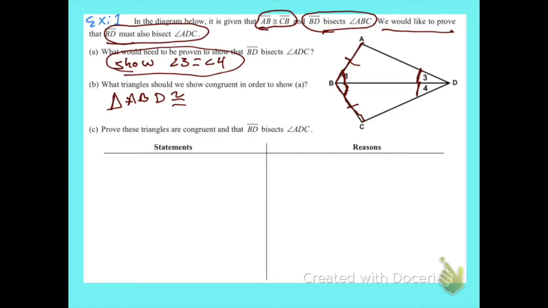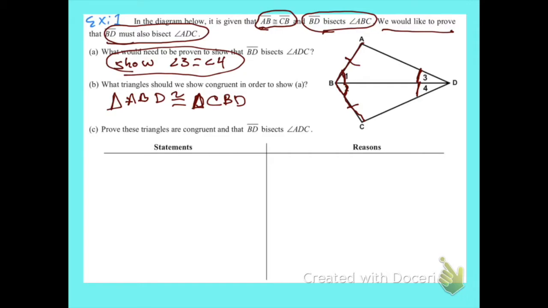What does A correspond to? Well, A corresponds to C. So it must be congruent to triangle C. What does B correspond to and D correspond to? Well, they're fixed points, so they stay in the same position. So BD. This is a triangle symbol. Sorry about that.